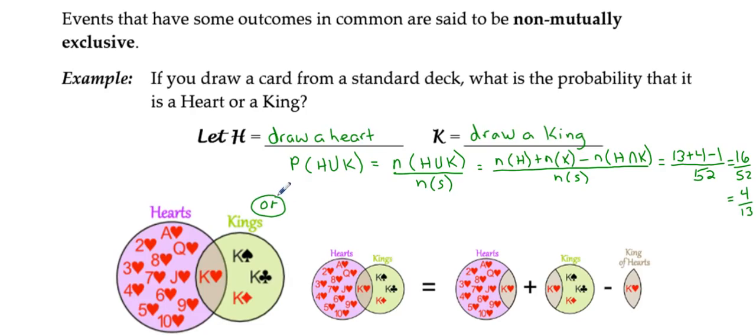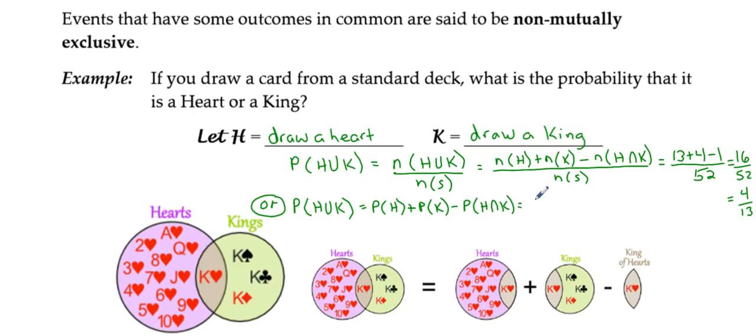Again, same math, just a little bit of a different approach. You could look at this as being the probability of H or K is the probability of a heart plus the probability of a king minus the probability of a heart and a king.